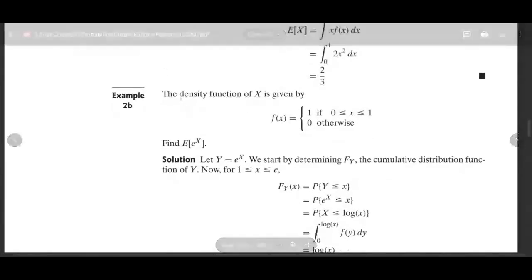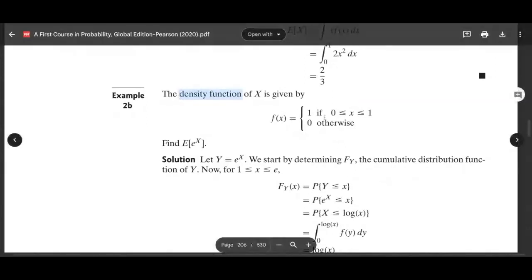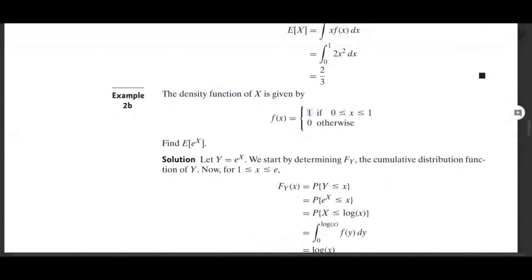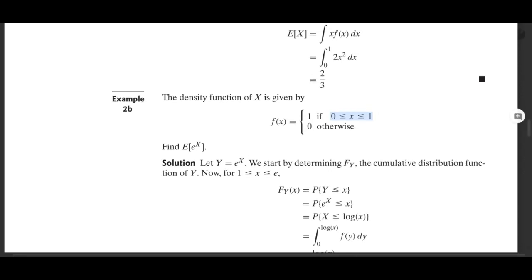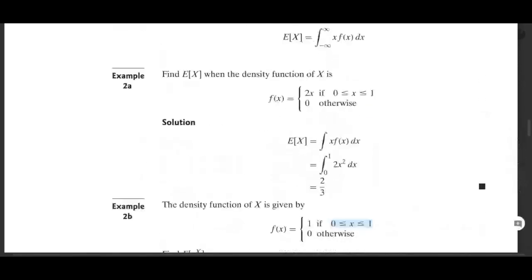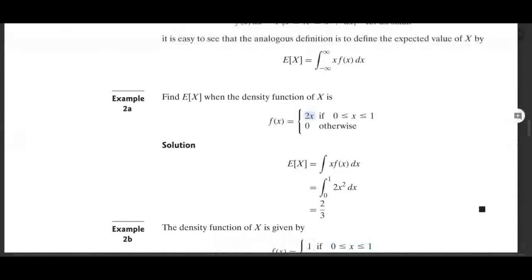Let's see part B. The density function is given by 1 from 0 to 1 and 0 otherwise. What are we given? We're given a rectangle. Let me go back actually. I hope you see the previous one is a triangle.